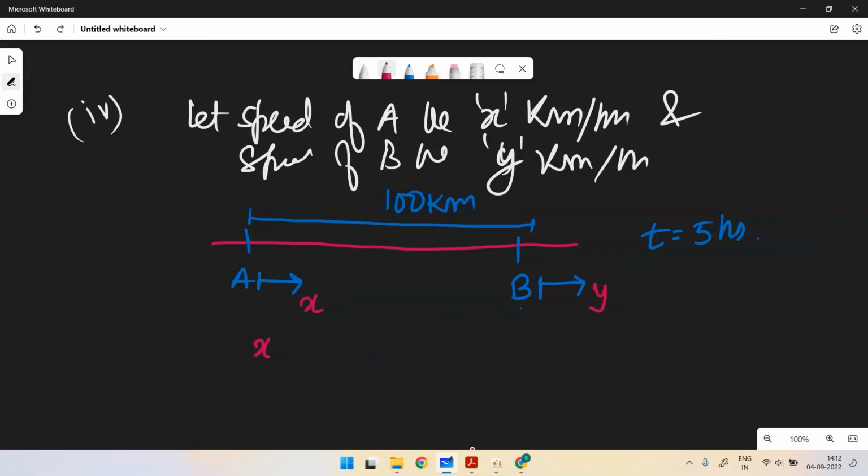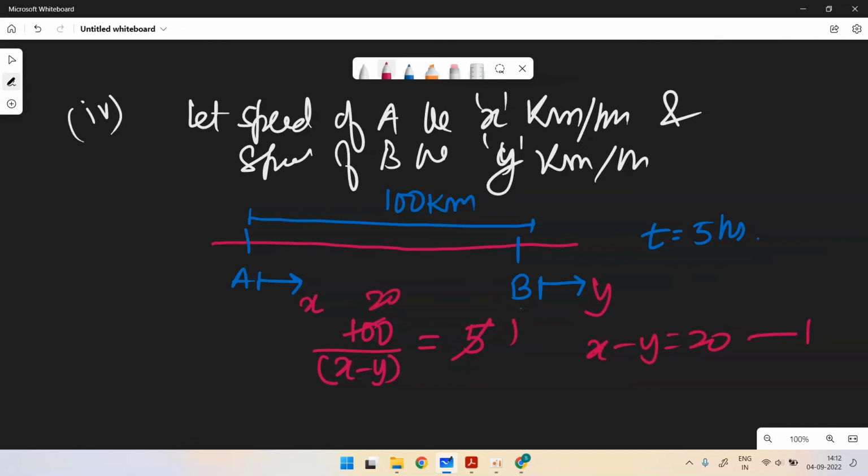Time is 100 divided by the net speed x minus y, which is equal to 5 hours. Directly, 100 divided by 5 is 20, which implies that x minus y equals 20. This is my first equation.